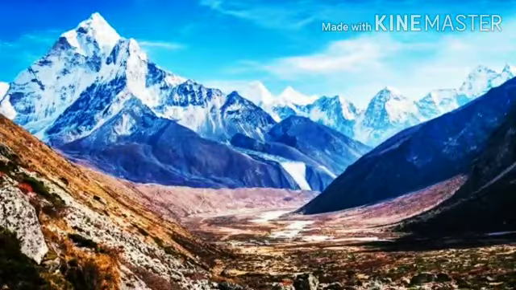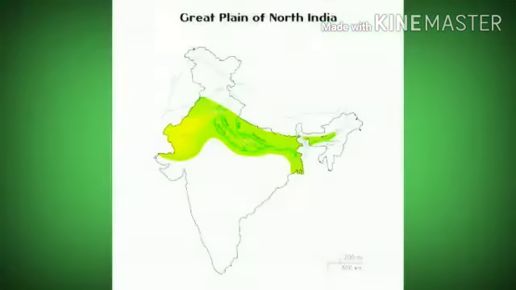This uplift also created a depression in the north. Over time, this depression formed a basin that consists of sediments of rivers flowing from the mountains. We know the area which is fertile with alluvial soil as the northern plains of India.